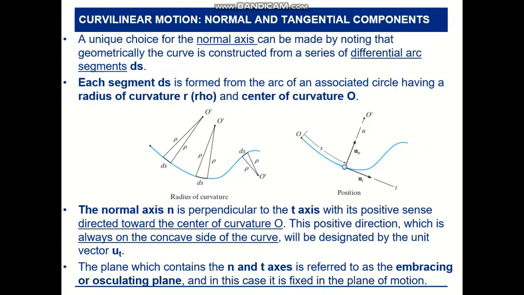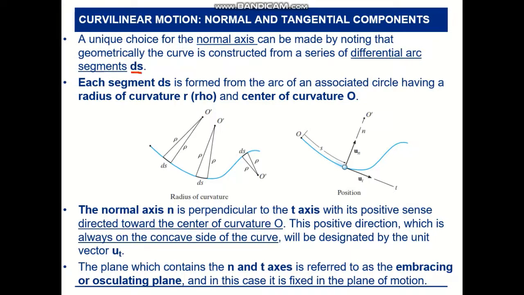And let's continue to describe. A unique choice for the normal axis can be made by noting that geometrically the curve is constructed from a series of differential arc segments, which is called ds.